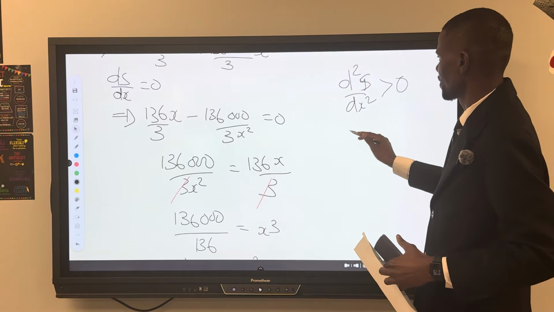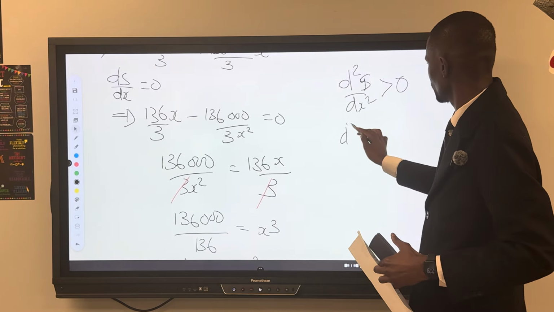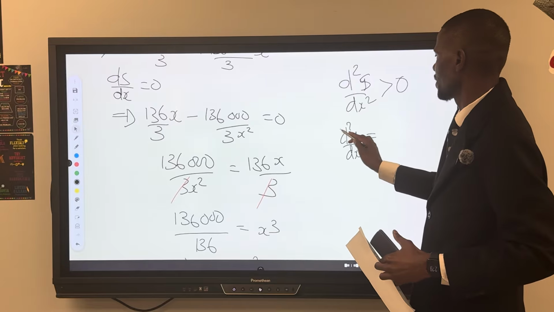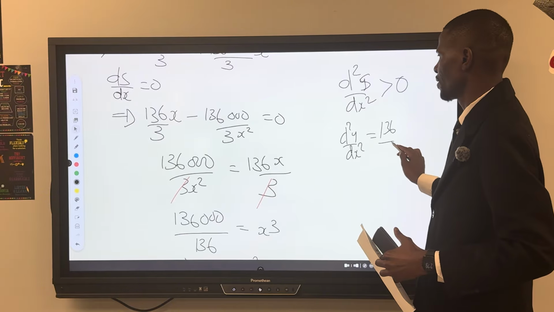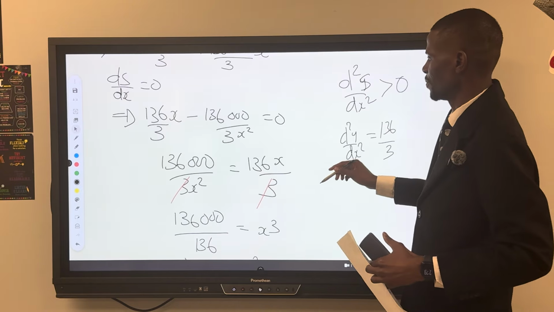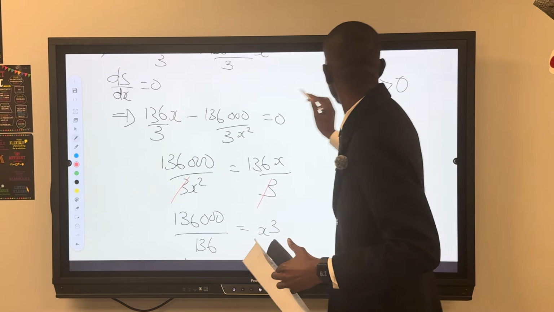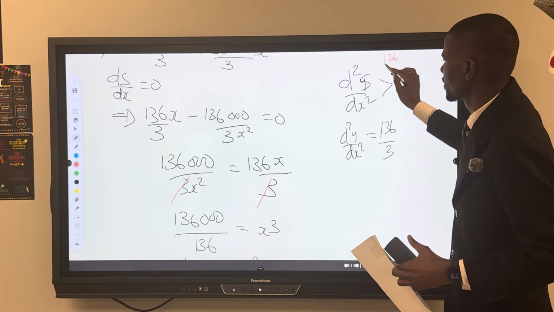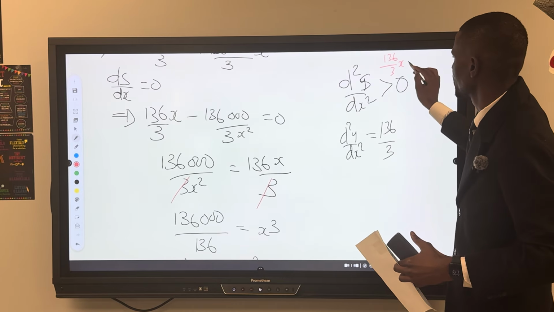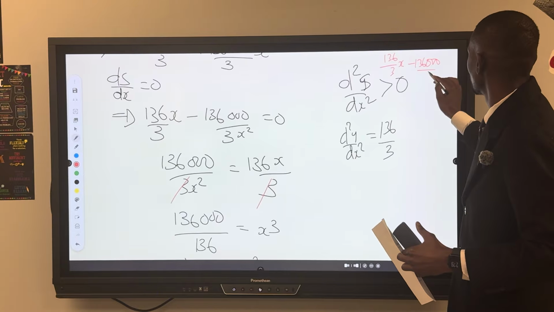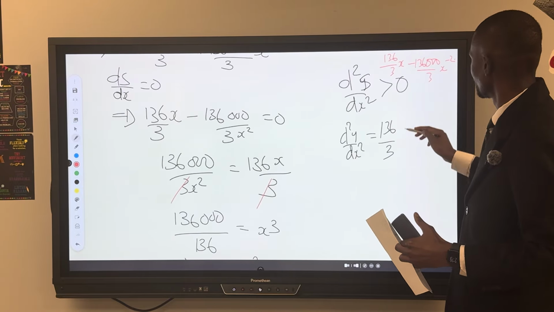If we say d squared s over dx squared, we are going to get 136 over 3, and remember this one here was 136 over 3 x minus 136,000 over 3 x to the negative 2.